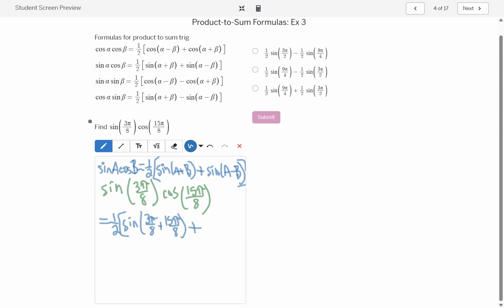Then the formula has plus in between. Sine 3 pi over 8 minus 15 pi over 8.